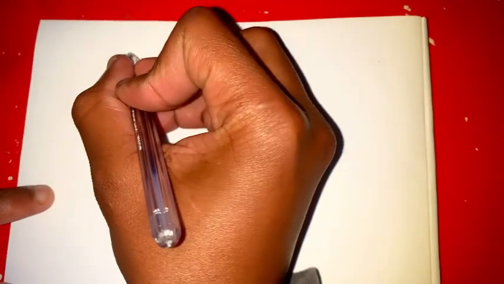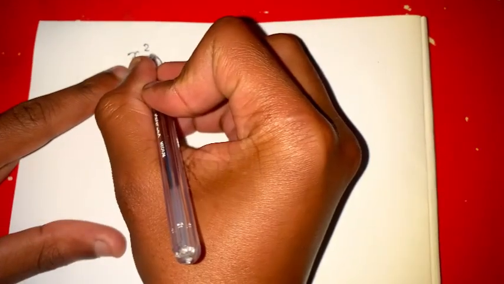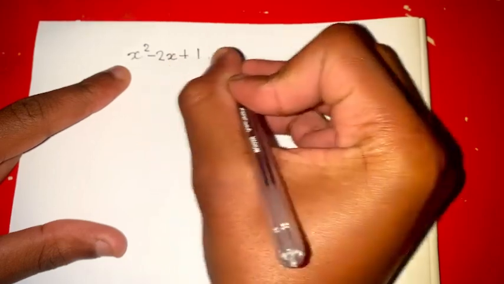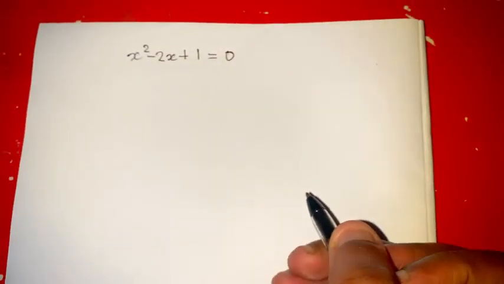Now, let's look at a more sophisticated or more challenging setup for solving x. So say now you have x squared, and then you have minus 2x plus 1 equal 0. Remember, you were taught to factorize.